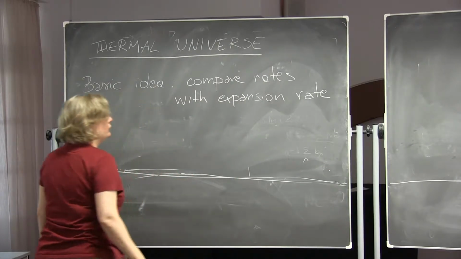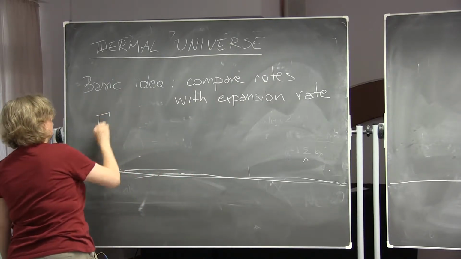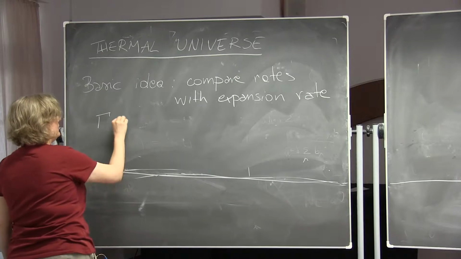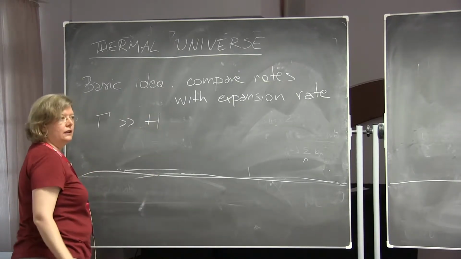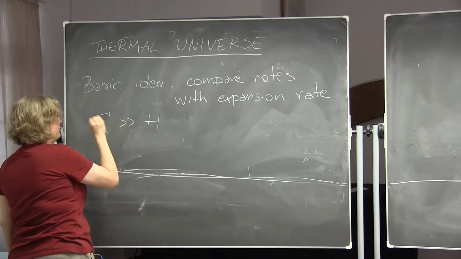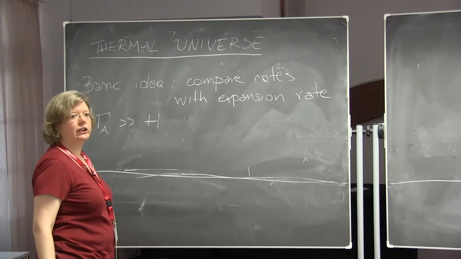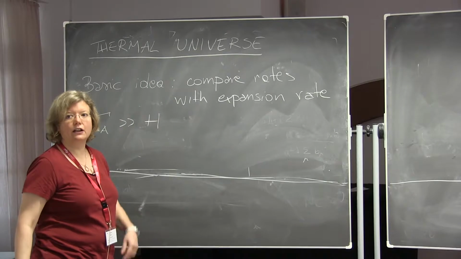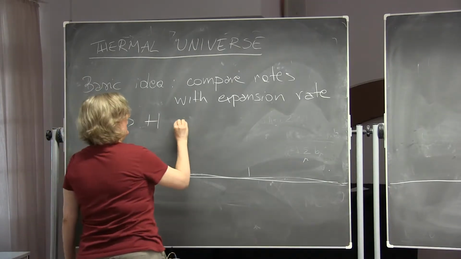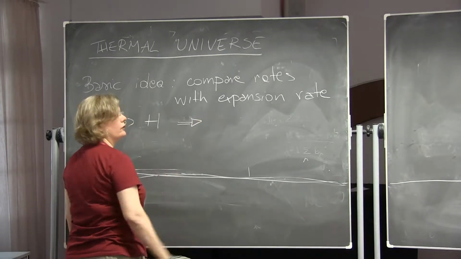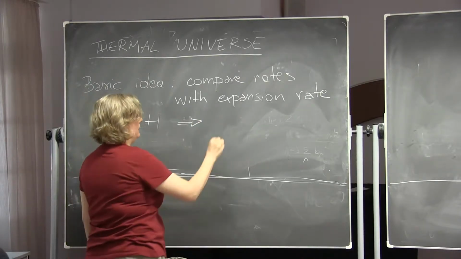And then usually you have two possibilities. Of course, the rate can be much faster than the expansion of the universe, and then for whatever process A you are considering, which can be a scattering, a decay, a 2 to 3 scattering, whatever process you want, the conclusion is usually that this process is in equilibrium.